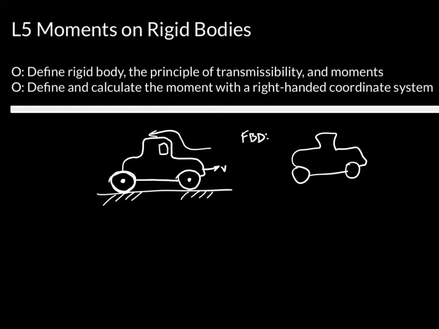You think about, okay, well, there's a weight of the car, and that's going to be happening here at the center of gravity, or the center of mass, or whatever you want to call it. And then right here and right here where the rubber hits the road, there's going to be a normal force. So there's two of those, and maybe I'll call this force normal front and force normal rear.